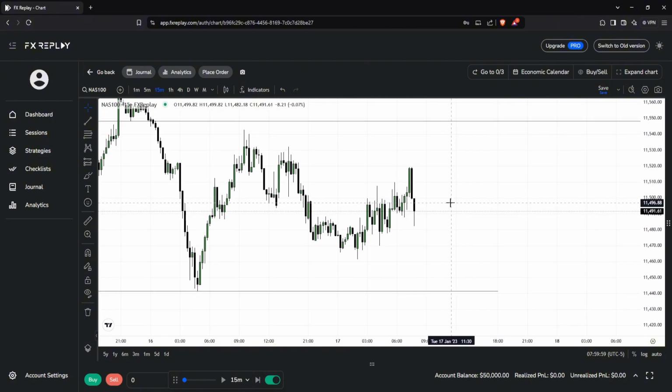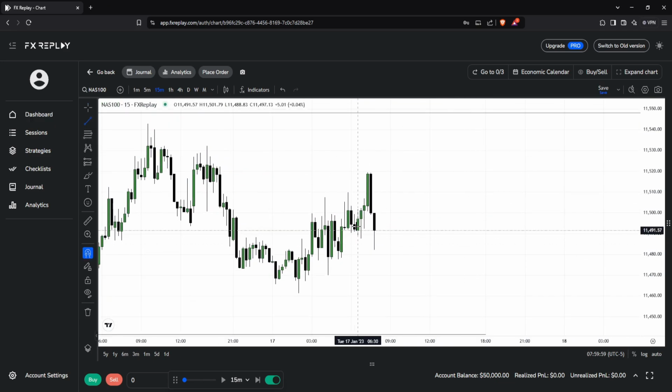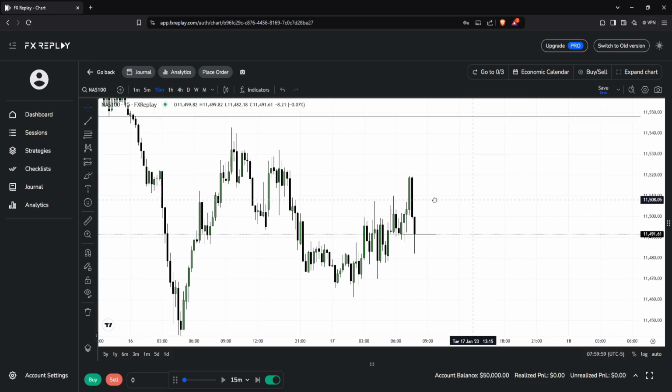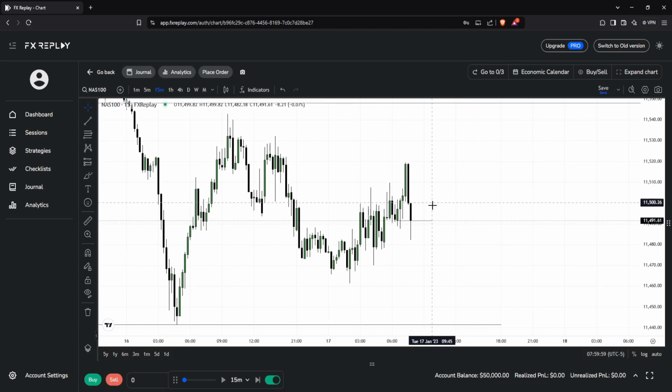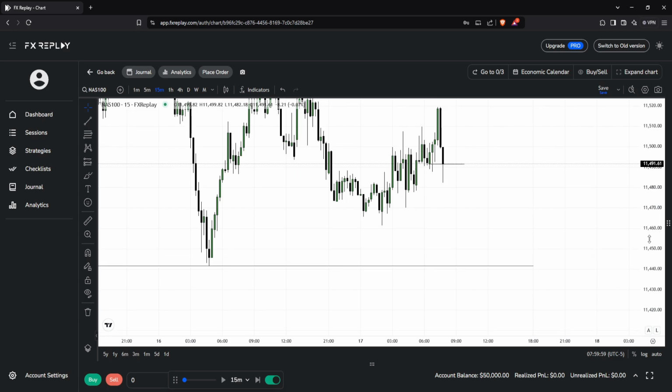Here, as you can see, if we displace lower and close the body below this order block, I would like to take shorts and target these lows, these low hanging fruit targets, and possibly price could go for the previous daily low.